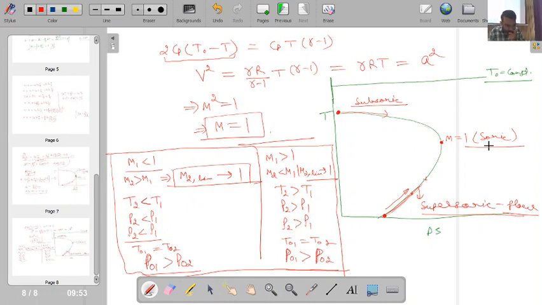Before that, one interesting point I would like to highlight to you, that if you consider a subsonic flow situation, what happens in a subsonic flow situation? We know that we will be having formation of a boundary layer inside the pipe.